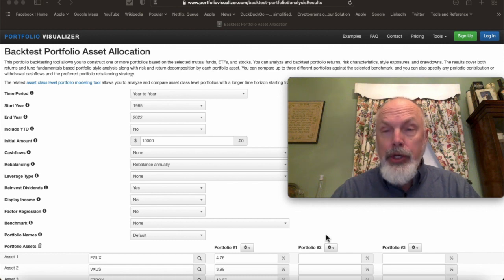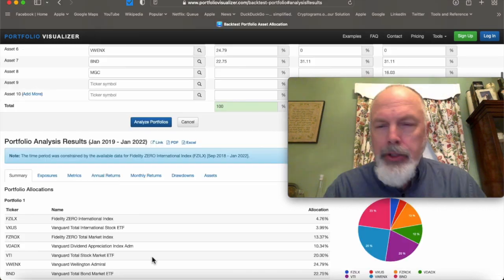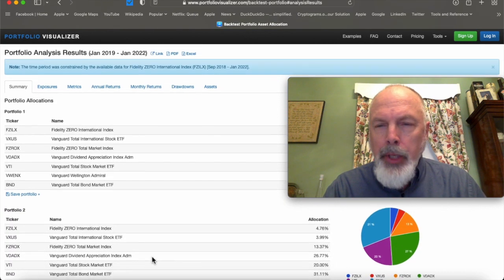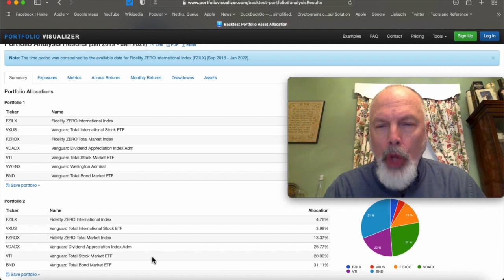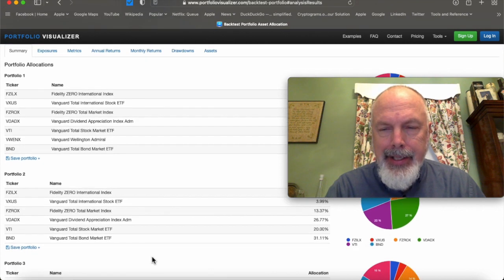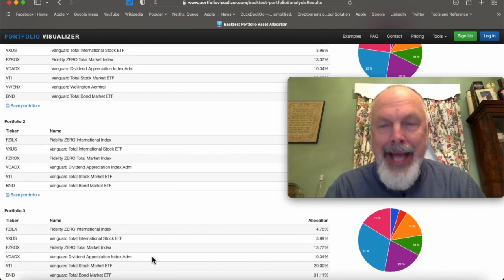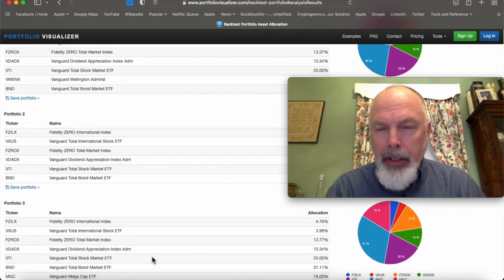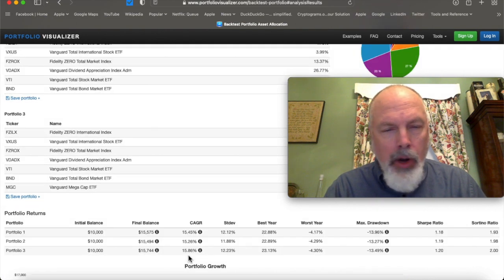Let me enter those numbers now. And so the original portfolio, something that replaces Wellington with my current assets, and something that replaces it adding one more asset for the mega cap ETF. CAGRs are all pretty close to each other, and so are the standard deviations.